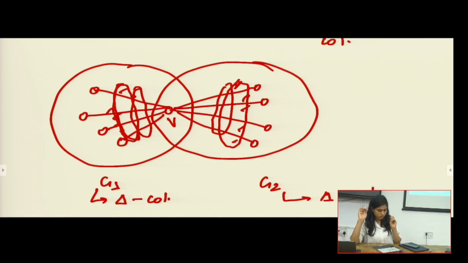It should be different, and we can do that because we have delta colors. In that way we can permute colors, and that is how we can extend to a delta coloring of G.